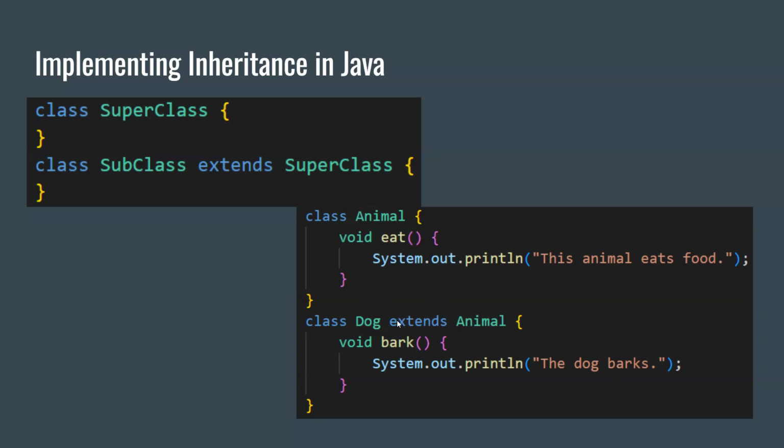This means that the dog class inherits methods from the animal class, and so the dog class will have the eat method from animal, and we are also adding a new method called bark, and this bark is only specific to the dog class.